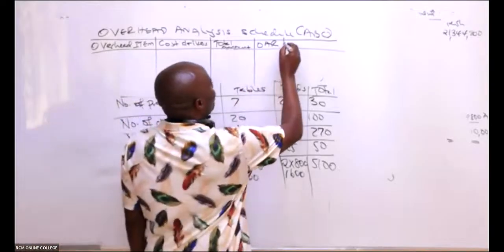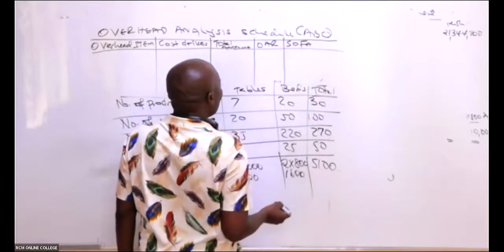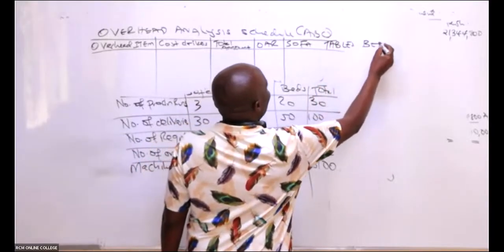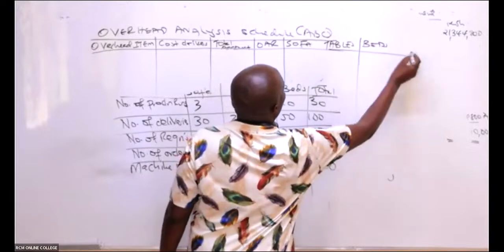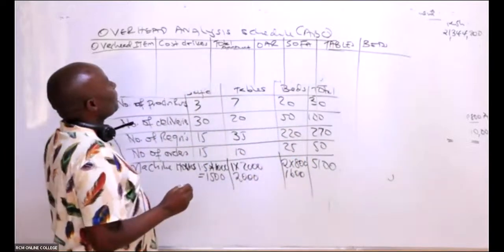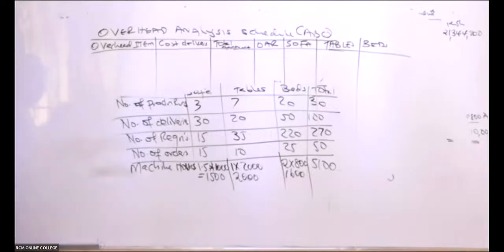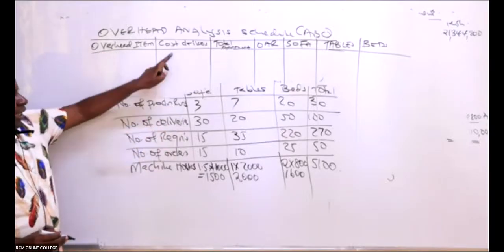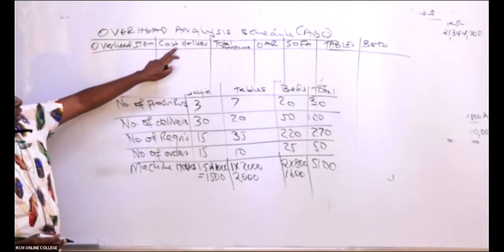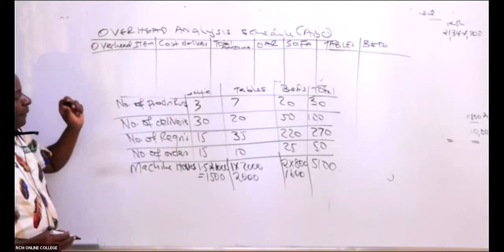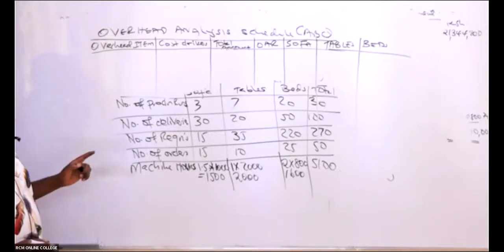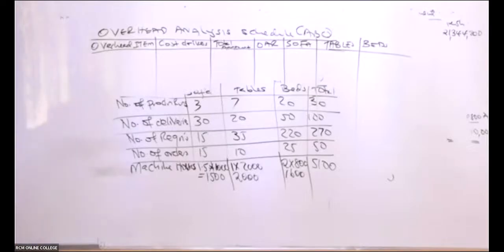So the products, we have tables, we have beds, like that. So overhead item, the cost driver to connect this table and this one, it will be very, very important for you to have cost drivers. Total amount, overhead absorption rate, so far tables, beds, like that.